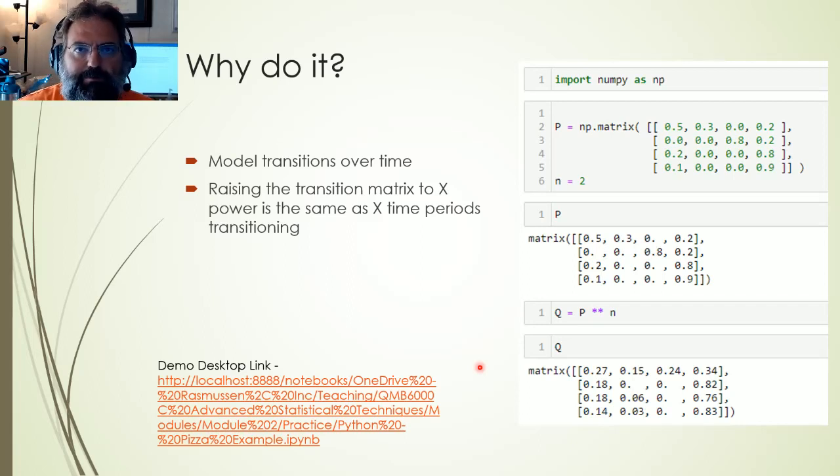Then you could potentially figure out changes to the matrices so that you can modify the outcomes. That's the basic idea. And the key thing is that raising a matrix to a power is the same as that number of time periods elapsing, right? So that's kind of the whole point.